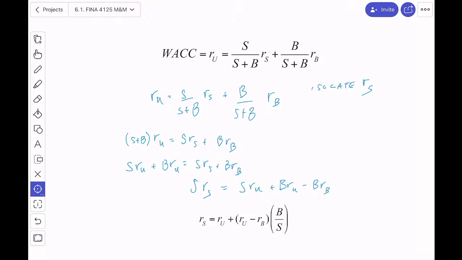Could someone explain it? So what we have here is the debt equity ratio. So this is the shareholder in the levered firm. And this is their perspective that's captured in their required rate of return. That's what this is. This is the required rate of return of shareholders in the levered firm.